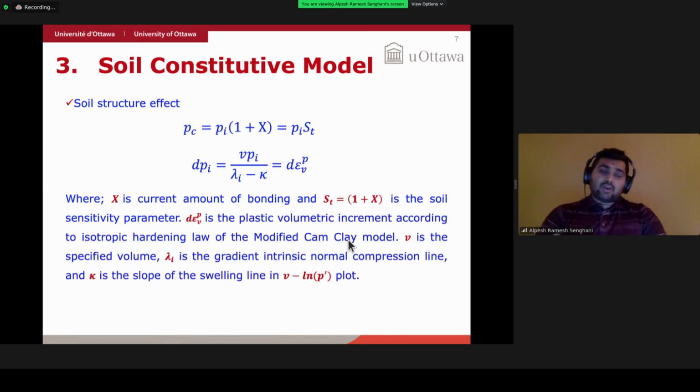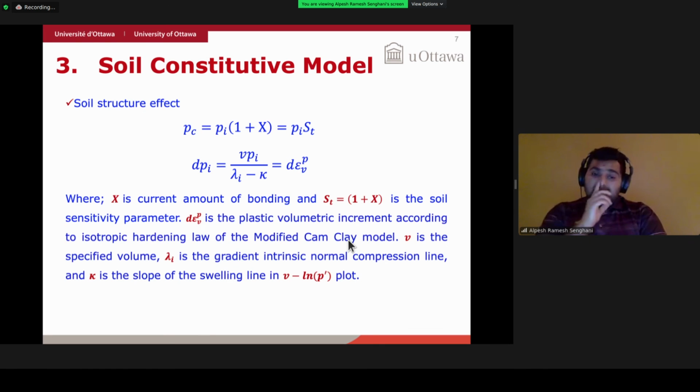Next is the soil structure effects. This is regarding the soil structure, the bonding and then the debonding, or the destruction of the bond. Right here, pc again is the internal hardening parameter. The chi here is used as the amount of bonding, and it is provided as a constant. We have St, as I've shown you, the sensitivity, used to calculate the sensitivity of a soil. And pi is just a variable used to create the relationship here.